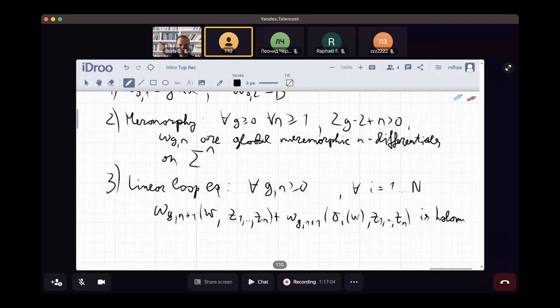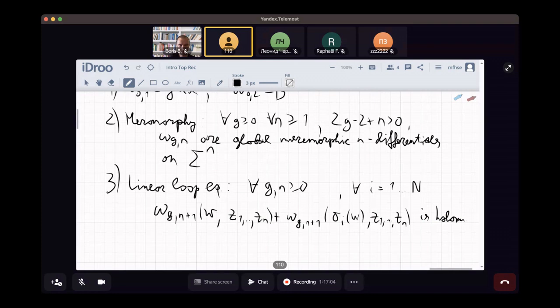So for every critical point p i of x, you remember what sigma i is, right? Sigma i is the deck transformation near p i such that x of sigma i of z is equal to x of z.